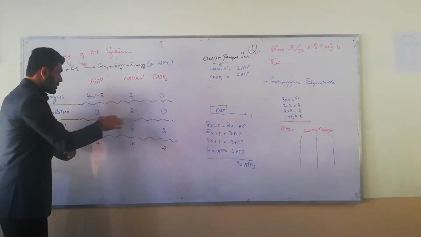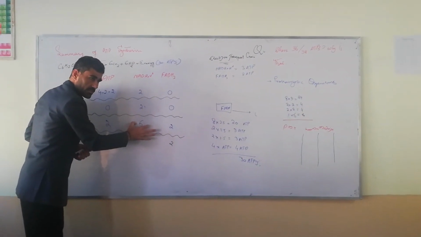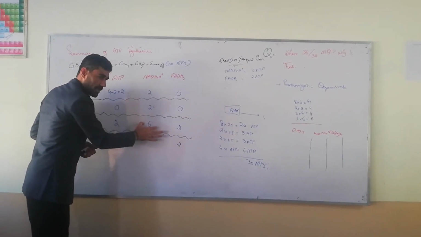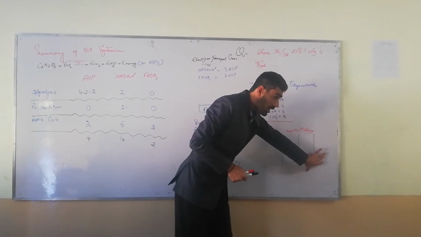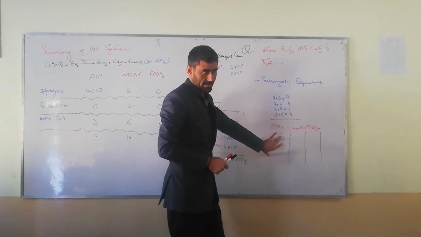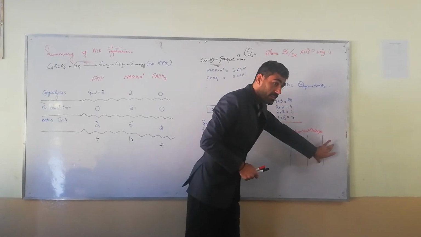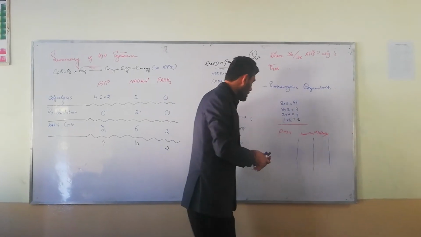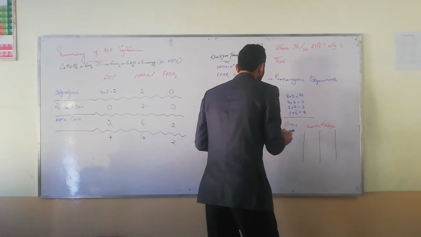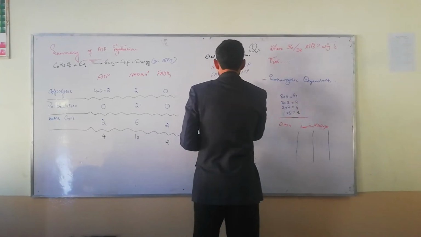So this 2 and this 6 NADH plus H plus travel from here to here, and they will spend 0.5 ATP.